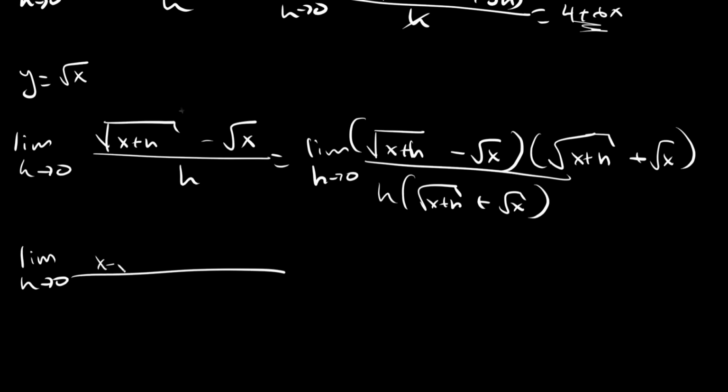It's going to be square root of x plus h, minus square root of x, divided by h. Same here. At this point you guys should be able to follow me. So just conjugate it, multiply it and simplify it.